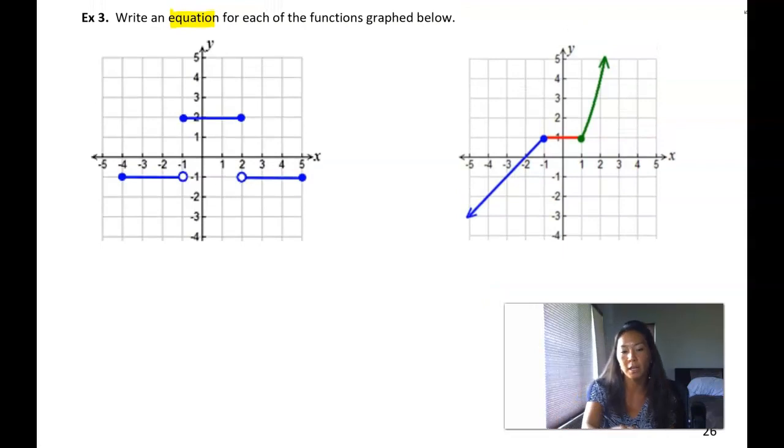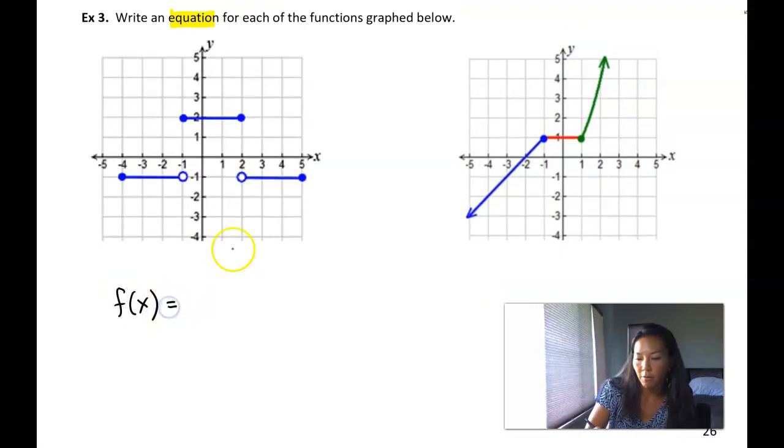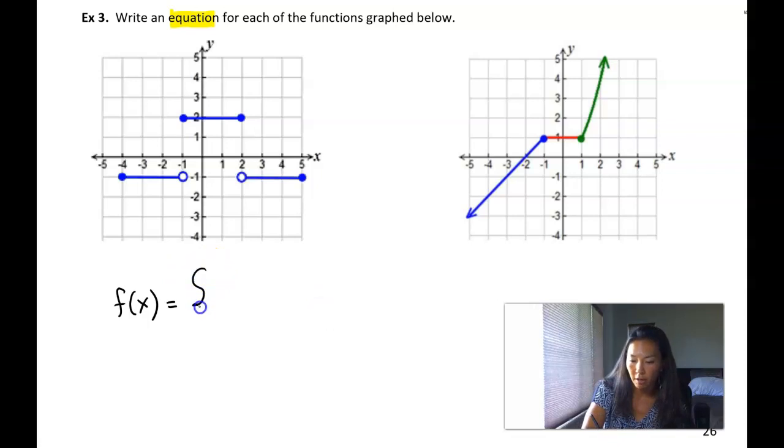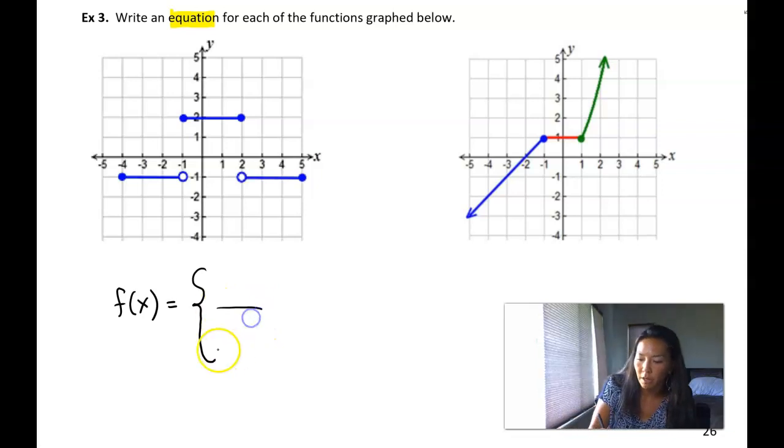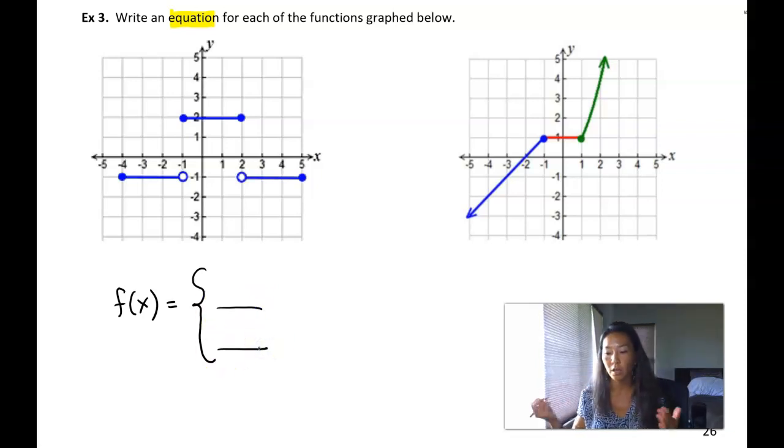And the way you write it is you say, for example, this is f of x, but it looks like I have 3 pieces here, but I actually only have 2, okay? So I'm going to write a curly bracket, and I'm going to write the two functions that I have here, okay? These ones are kind of easy because they're straight constant lines. And then you're going to define for what interval it works for, okay?